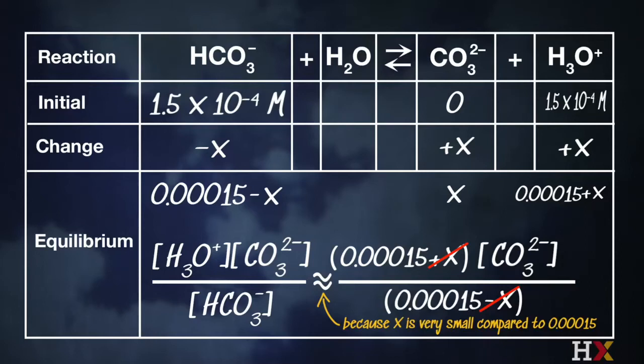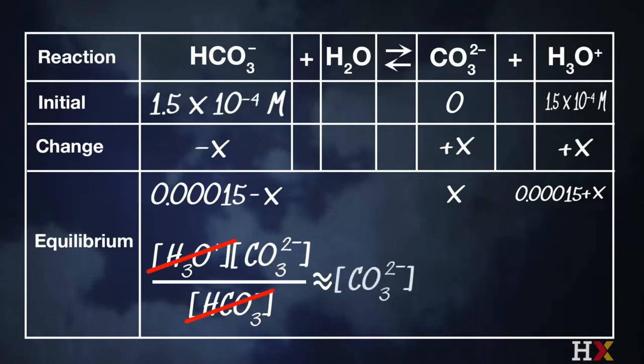And that means that we can cancel the H3O+ and the HCO3-, and that means that the carbonate anion concentration is identically equal to the second acid dissociation constant, and that is equal to 4.7 times 10 to the minus 11.